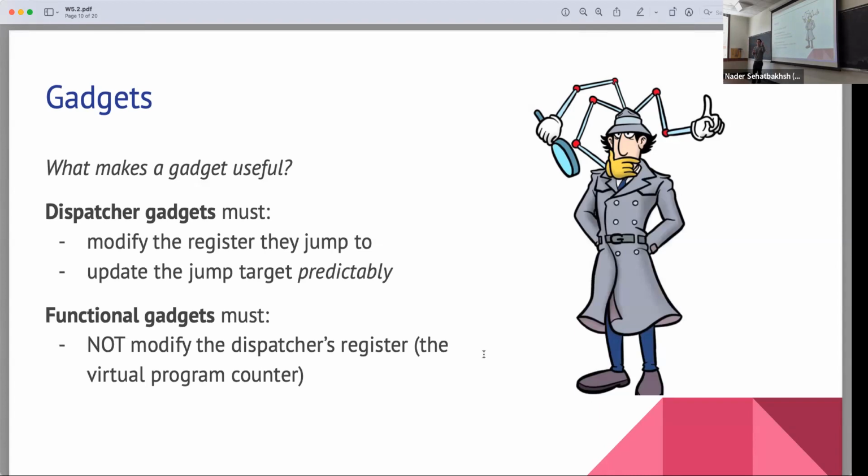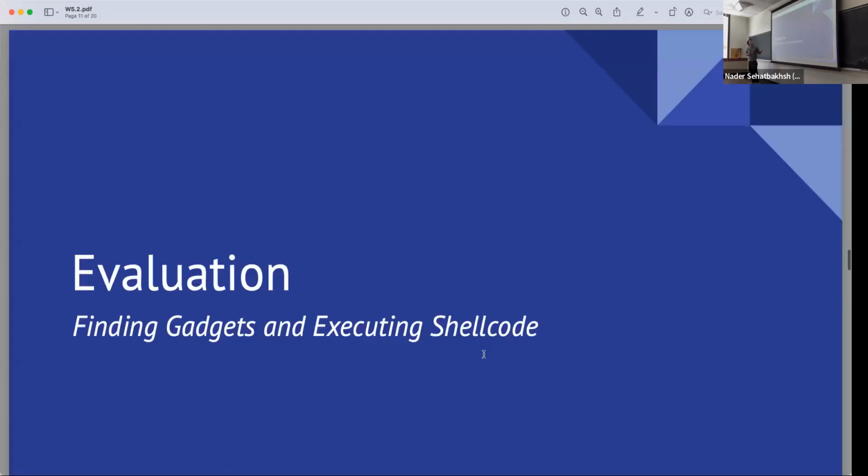If you change the special register that is used as a program counter in your dispatcher gadget, you will actually lose control of your machine. So you cannot use that register. Of your 16 special registers, you can only use 15. Next slide.